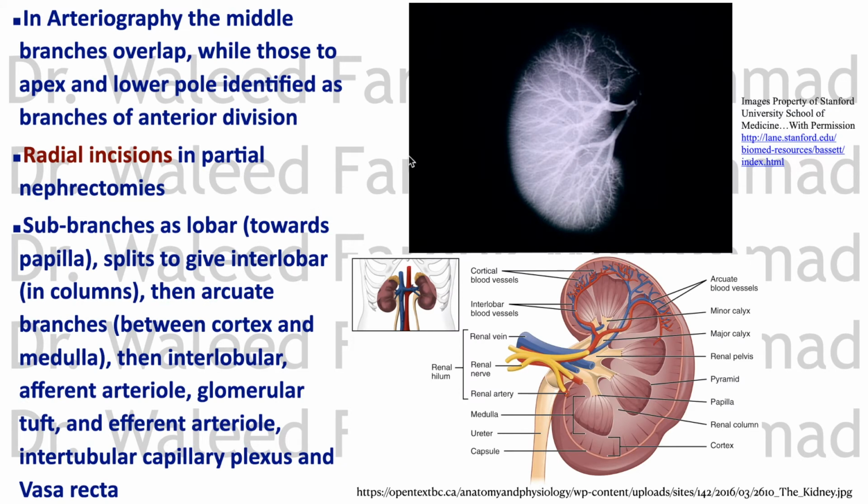In an arteriography, in this beautiful arteriography, as you can see here, of course all the branches are superimposed on each other because this is a 2-dimensional view, not a 3-dimensional view. So you cannot differentiate in the middle between the branches of the anterior and posterior divisions, but any branches going to the apex or the lower pole, this means that this comes from the anterior division.